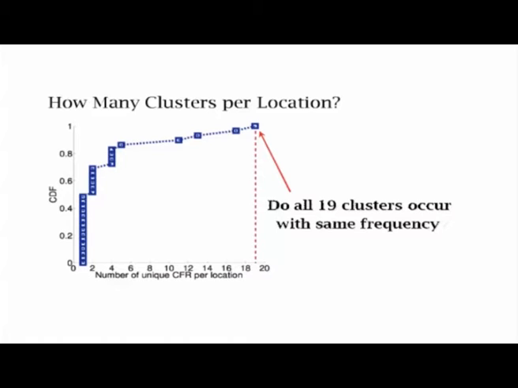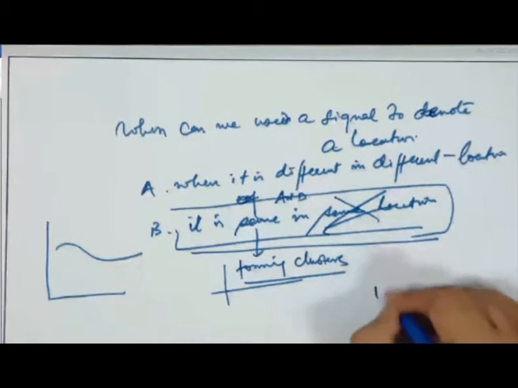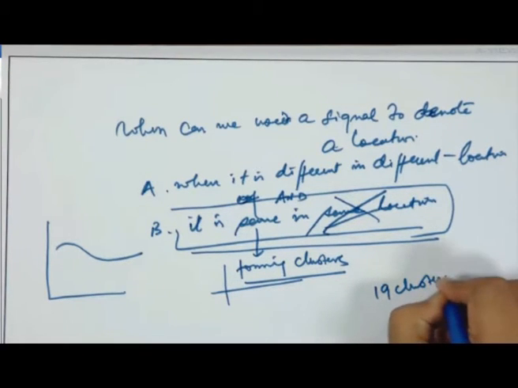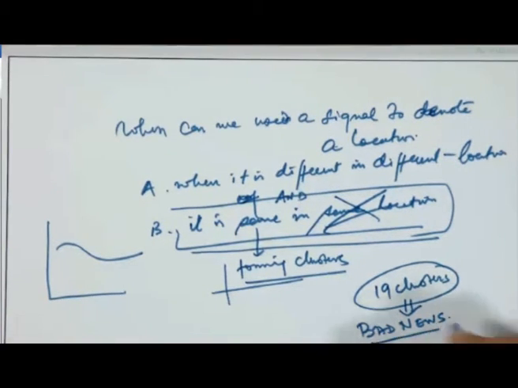Then around 70 to 80% of them form two clusters. Within 4 clusters there is 85%, but there are some as high as 19 clusters. 19 clusters is bad news. You can have 1 cluster, 2 clusters, 4 clusters, but 19 clusters is very, very bad news, because that means it is not the same in the same location.